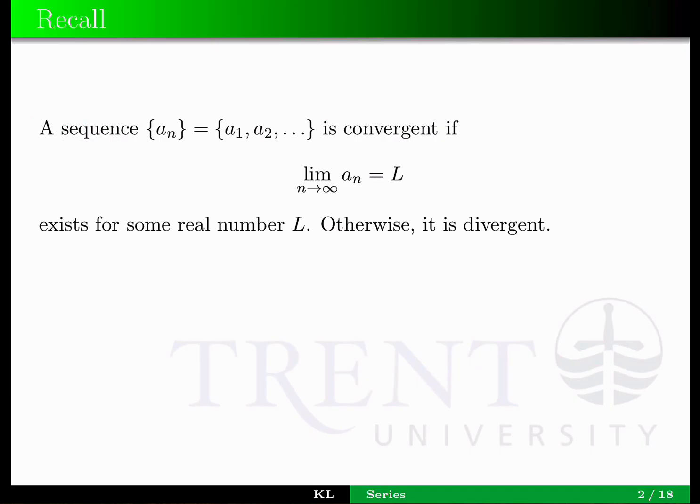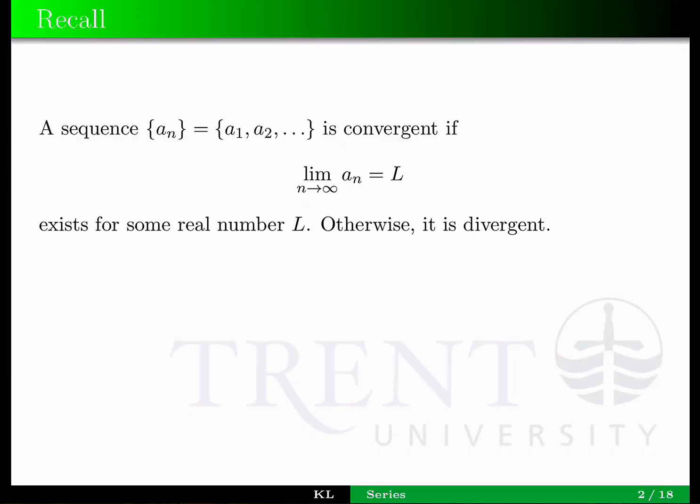We also defined what we call convergent and divergent sequences. As a function, we can talk about limits. So we can talk about limits of sequences, particularly if a given sequence has a limit as n approaches infinity, then we say that the sequence is convergent.